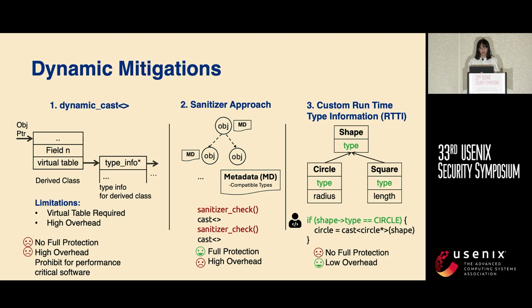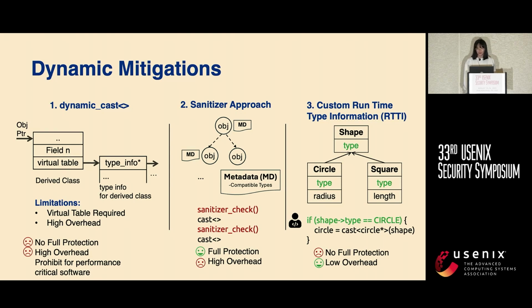The second approach is the sanitizer approach. This approach encodes all the compatible types into metadata for the object at the allocation site. Those objects are organized in some high-efficiency lookup data structures, such as a binary tree. In the sanitizer approach, during compilation time, they insert a sanitizer check before each cast.